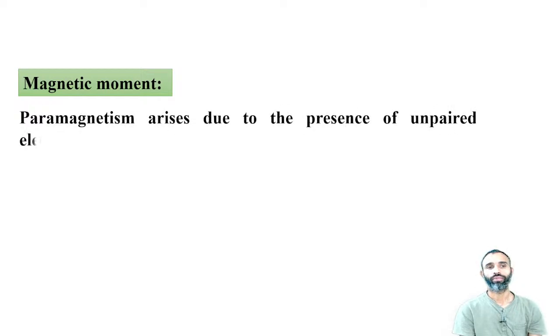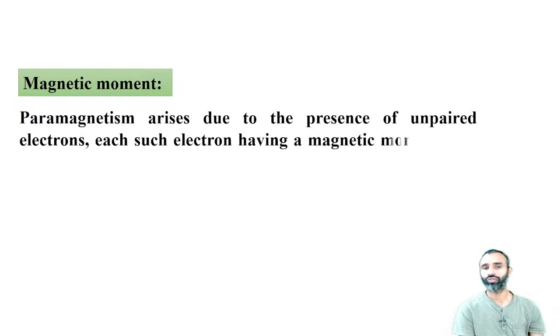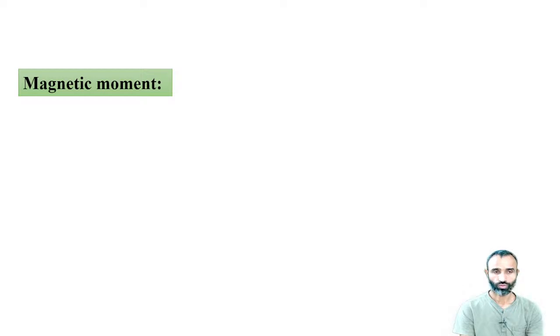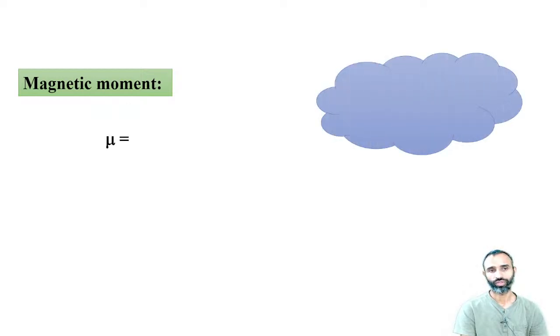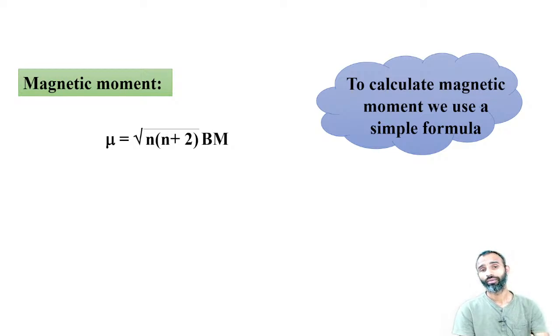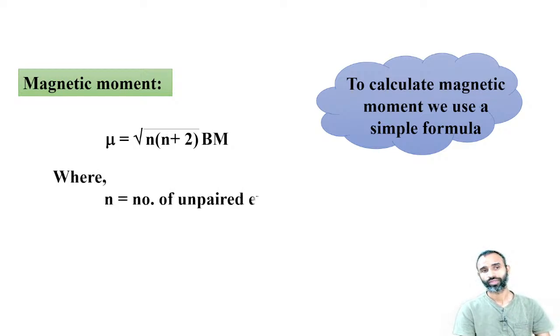So paramagnetism actually arises due to the presence of unpaired electrons, और उनमें मैग्नेटिक मोमेंट होता है, और value we count only spin, so it is under root n into n plus 2 Bohr magneton. n is number of unpaired electrons.